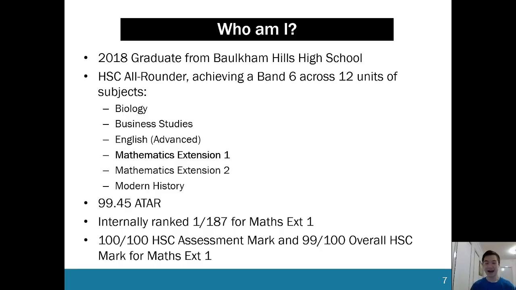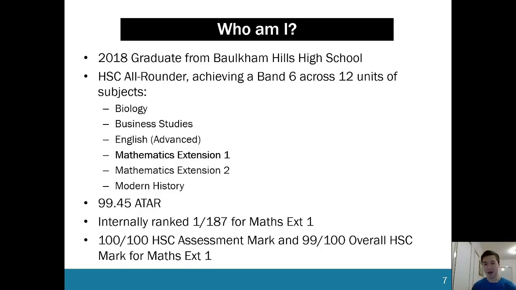I did a weird mixture of subjects: biology, business studies, English advanced, 4-unit maths, and also modern history. A mixture of subjects across the board, and I managed to get a band 6 across all of them. I was on the Premier's all-rounder list for that, and I achieved an ATAR of 99.45.